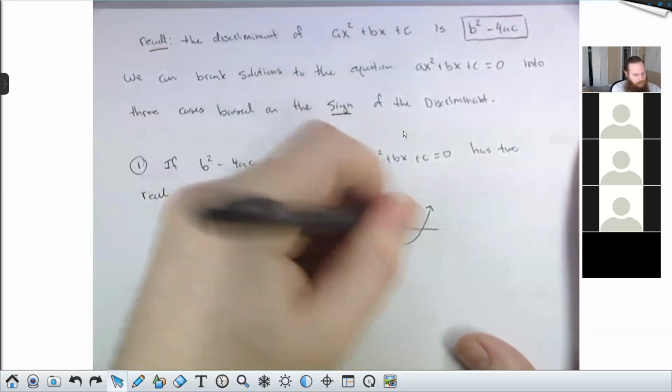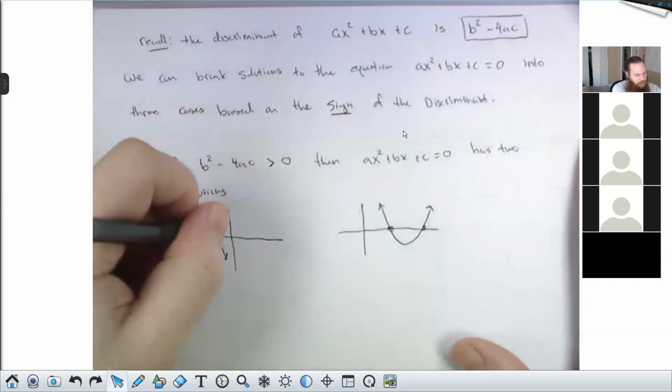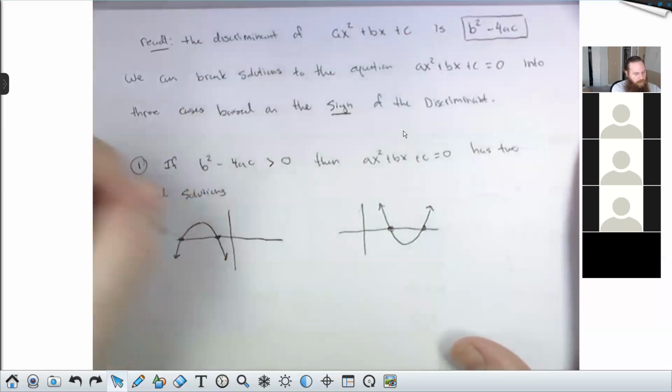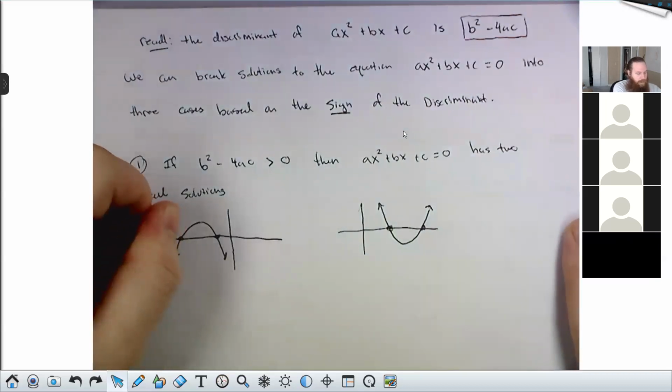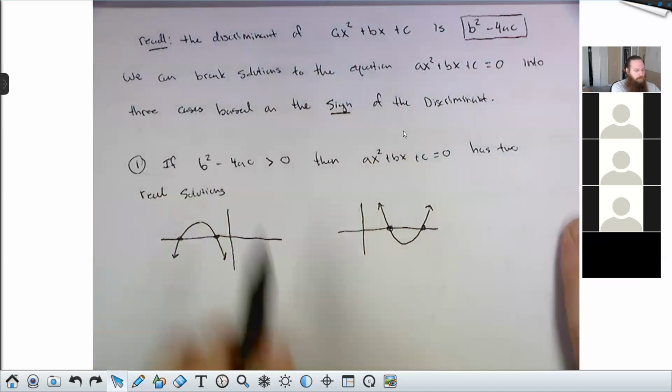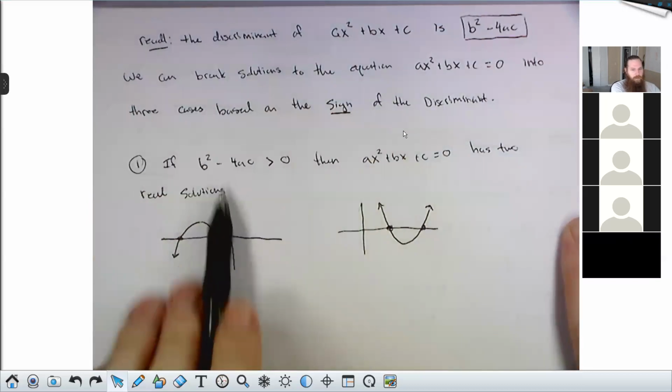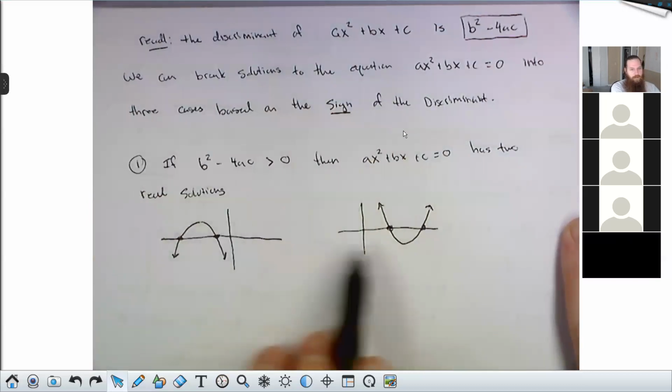Each one of these x-intercepts on the graph of that function is a solution to the equation that function equals 0. So the parabola might open down, it might open up, but if the discriminant is positive, then it hits the x-axis twice.